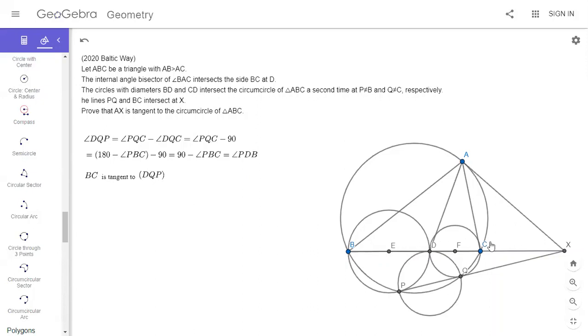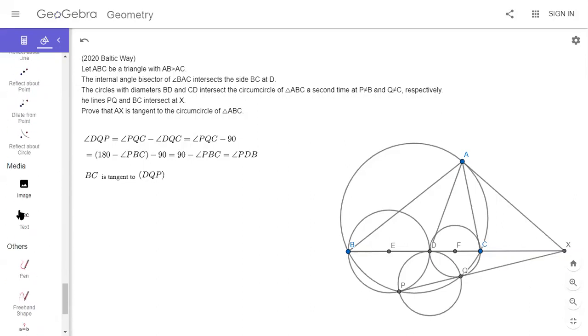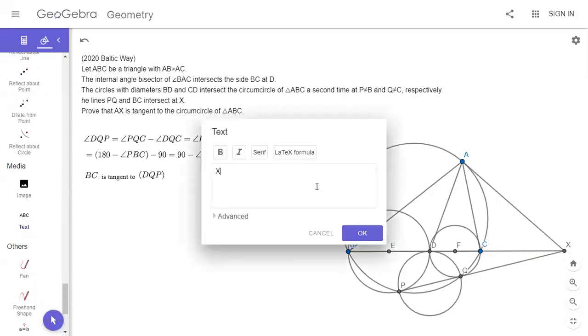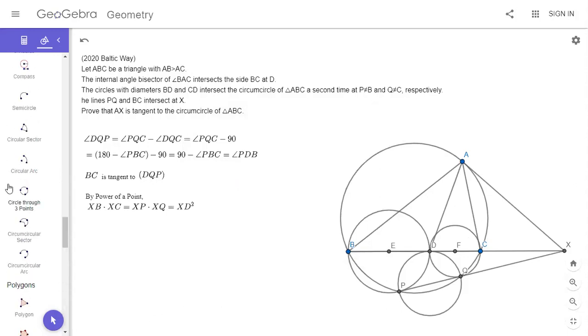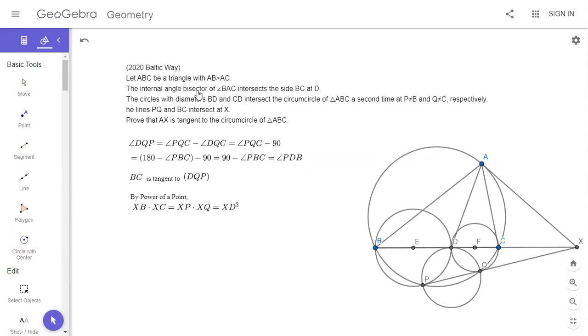Okay, so that means that XP times XQ, or I'll write it out like this, XB times XC is equal to XD squared. And that should be enough, because now what we can do, and here's where we use that angle bisector fact, which we haven't used yet.